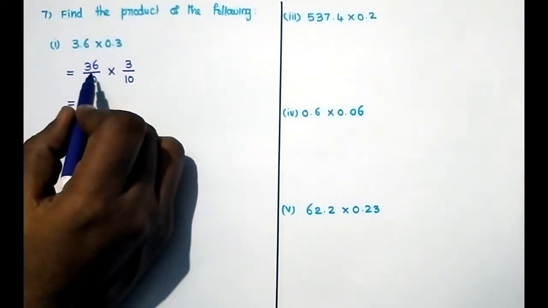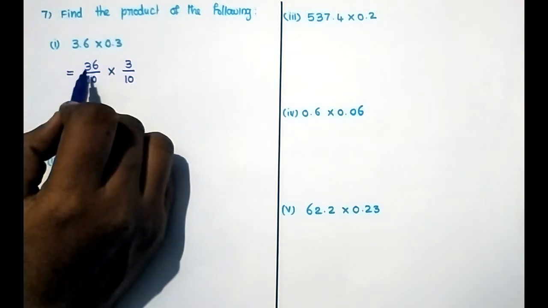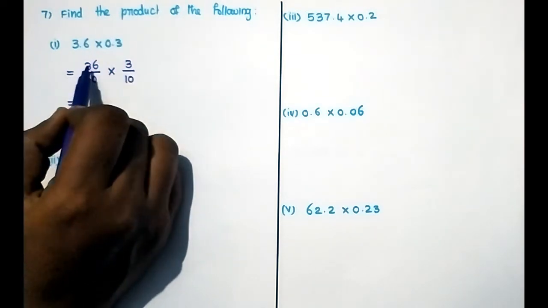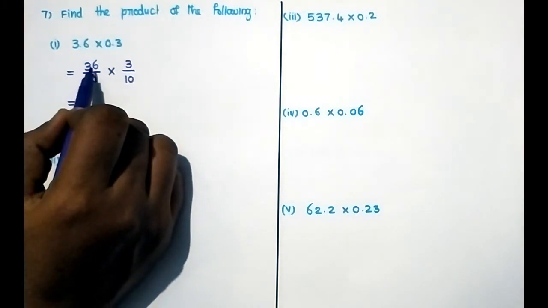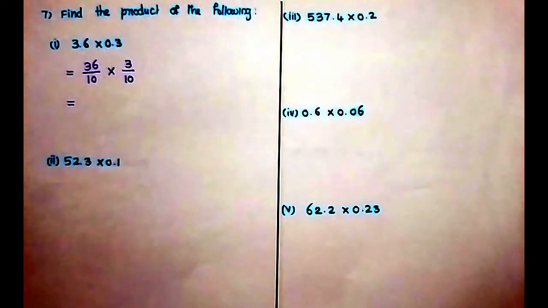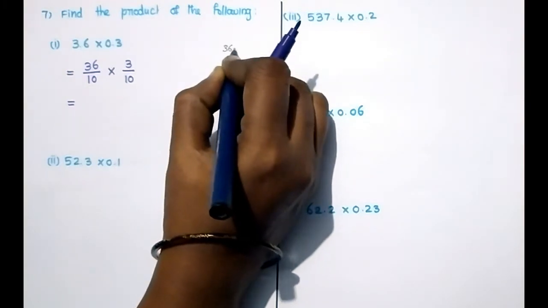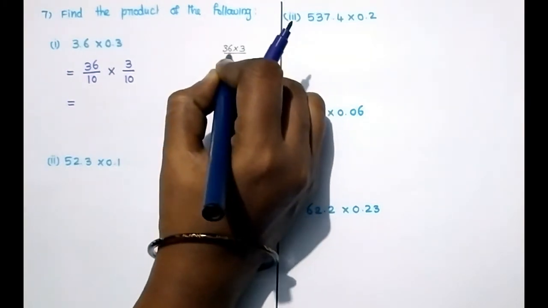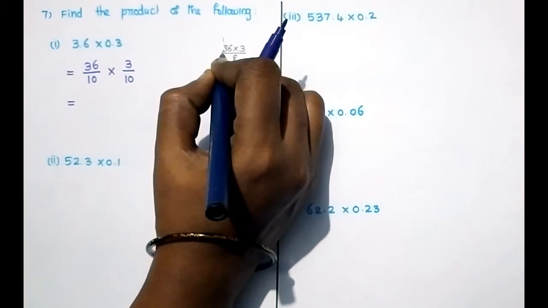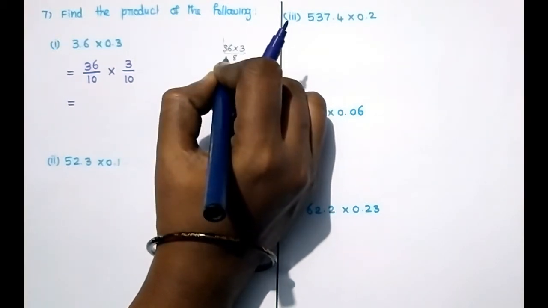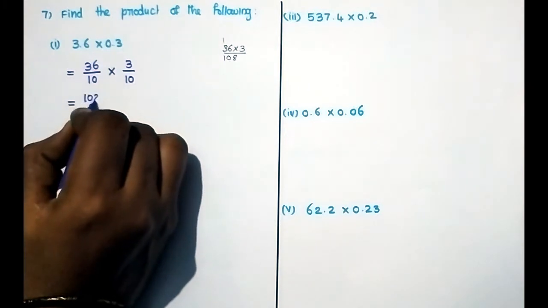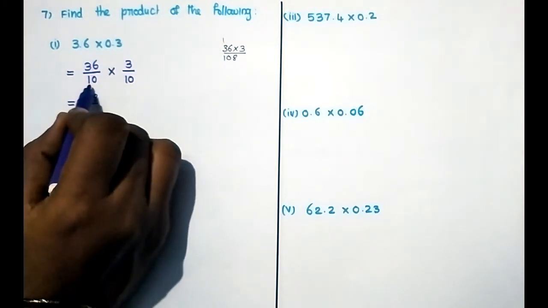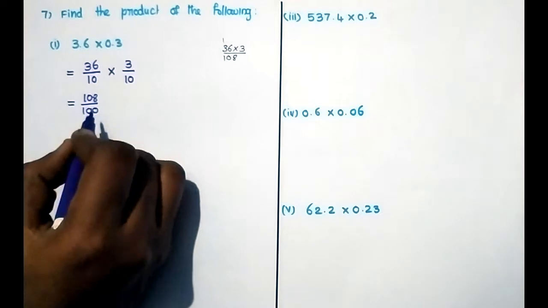Now multiply, there is no cancellation, so multiply the numerator with numerator and denominator with denominator. 6 3s are 18, carry over 1, 3 3s are 9 plus 1, 10. So 108 divided by 10 10s are 100.